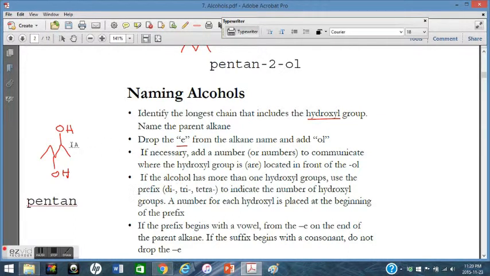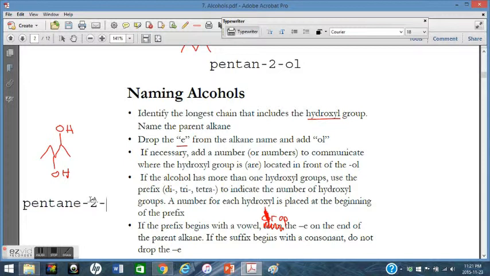Because it's going to be a diol, it's going to be pentane, because the suffix begins with a consonant here.